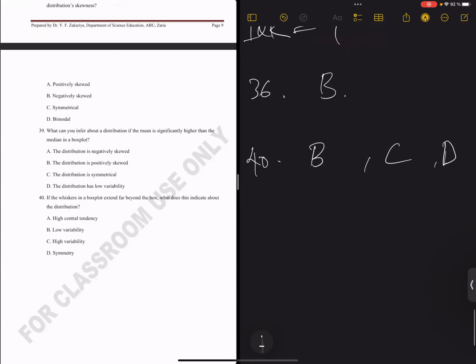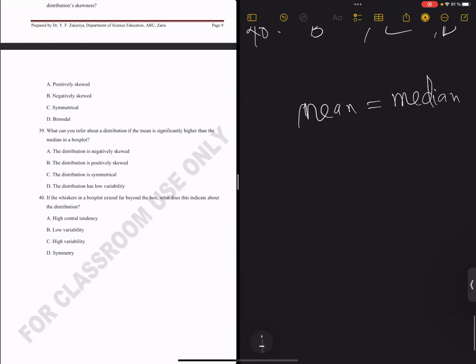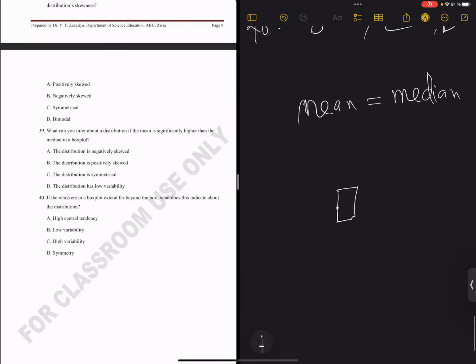You see, for D, a distribution is symmetric if the mean is equal to the median. If the mean equals the median, then the distribution is symmetric. But a box plot with long whiskers has high variability.